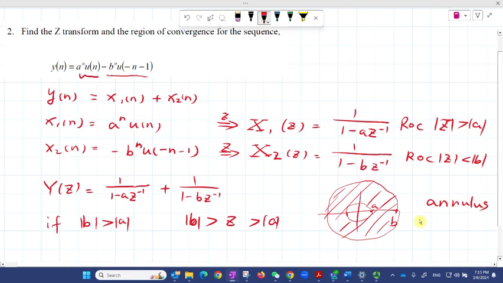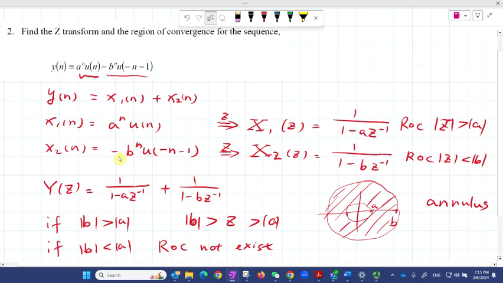But if b is smaller than a, then z has to be bigger than this but smaller than this, which means the ROC does not exist. Right, so that's the whole solution of this question.